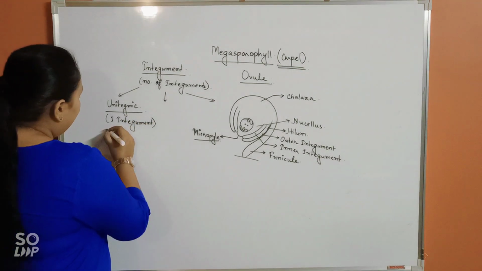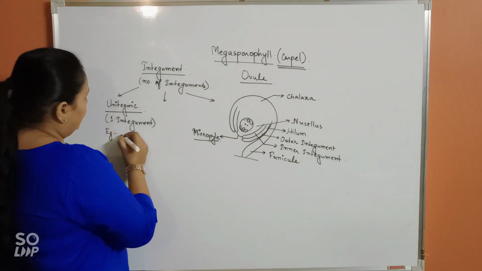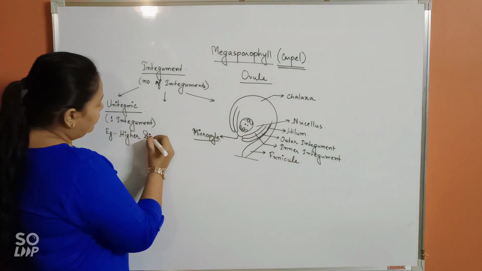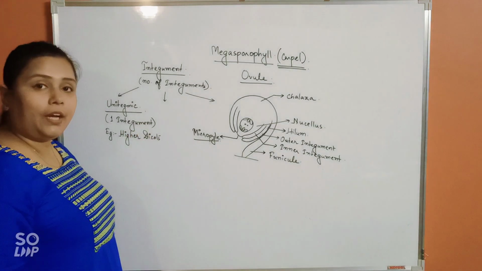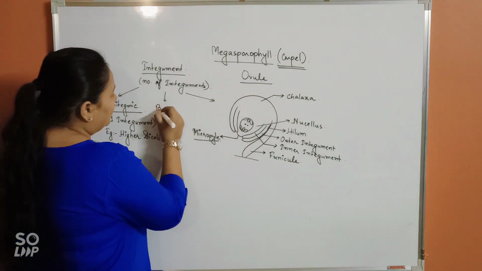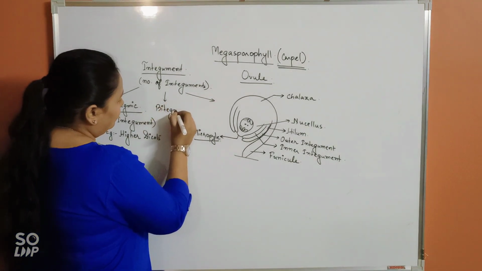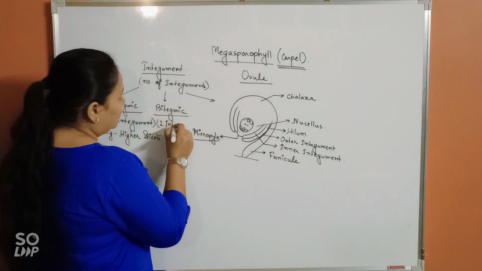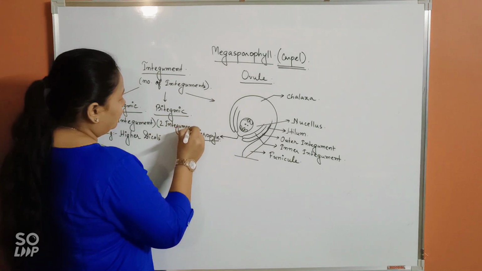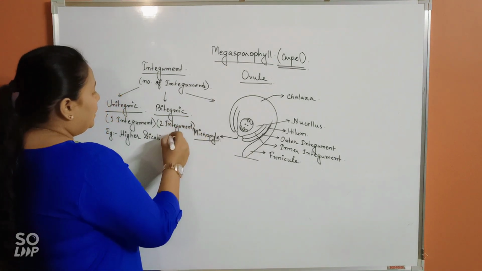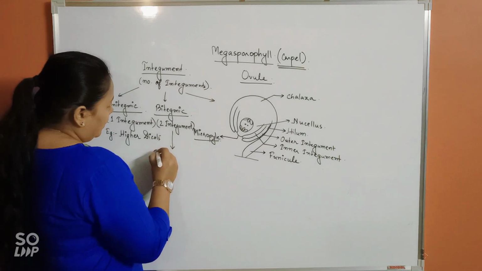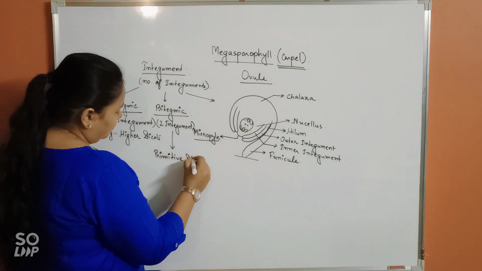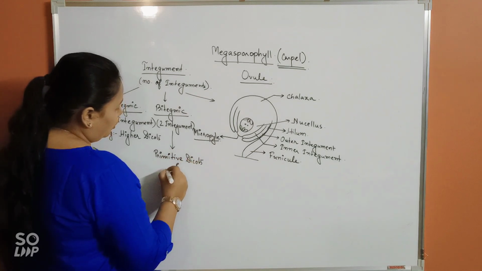Alright, example can be higher dicots. The next possibility is bitegmic, which means two integuments. Example here would be primitive dicots and monocots.